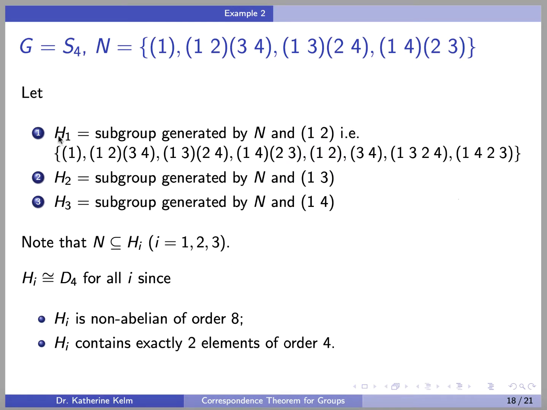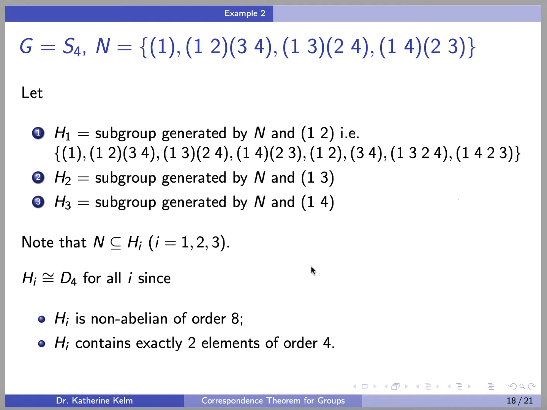H1, I'll call H1 the subgroup generated by N and the cycle (1 2). In other words, if you multiply everything in N by (1 2), and by e, you will get these 8 elements here. The first 4 of which you can recognize as the elements of N, and then the other 4 are what you get when you multiply elements of N by (1 2).